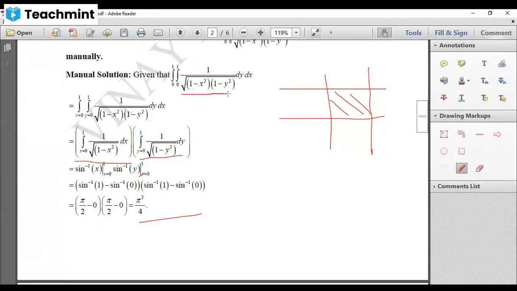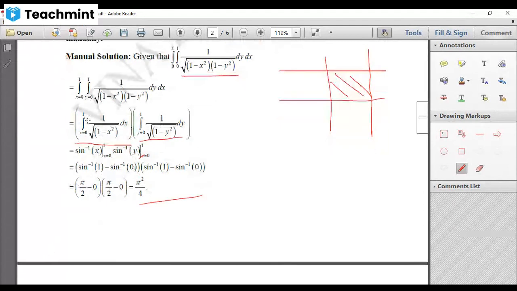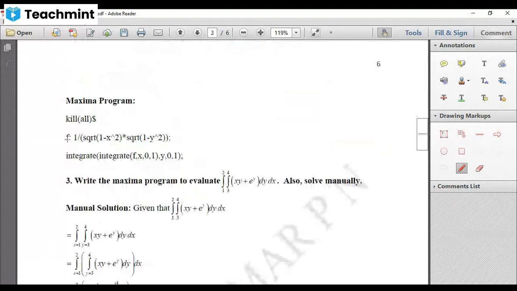So this is your f. First you have to integrate with respect to y. Okay. Now f is 1 by, now you have to write the denominator within square bracket. Okay. Don't write this without bracket. So within bracket, sqrt of 1 minus x^2 multiplied by sqrt of 1 minus y^2.